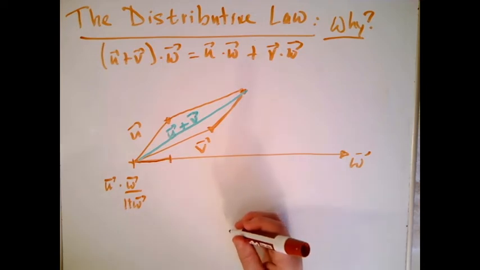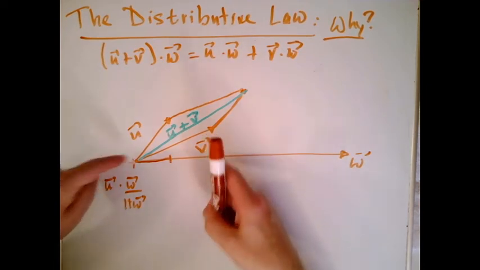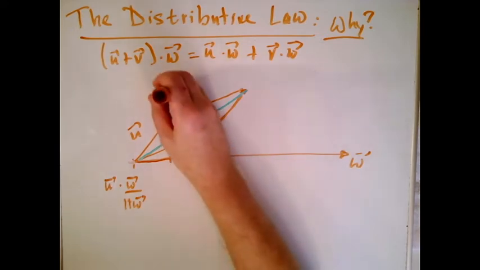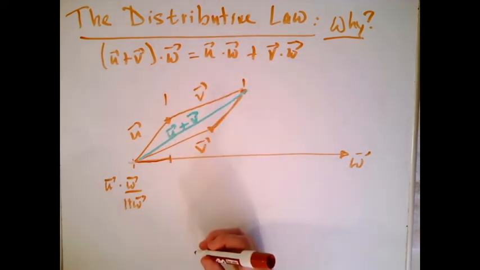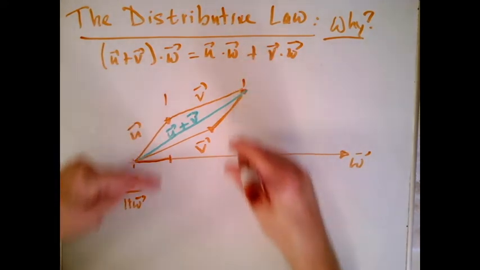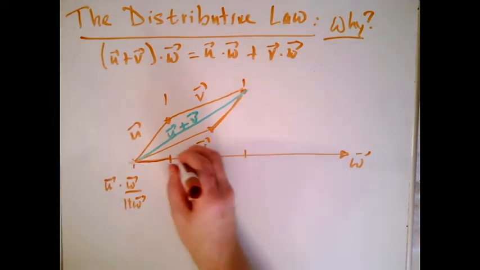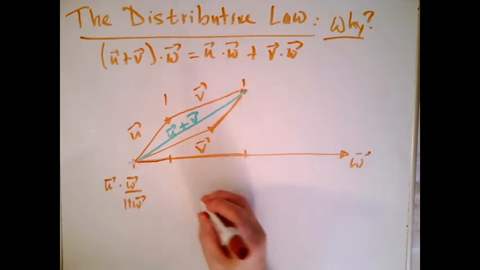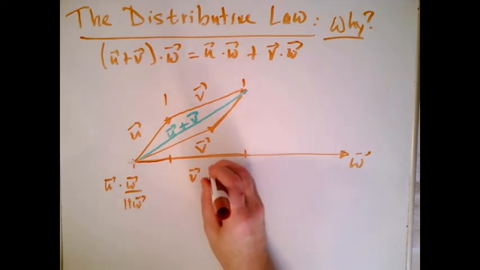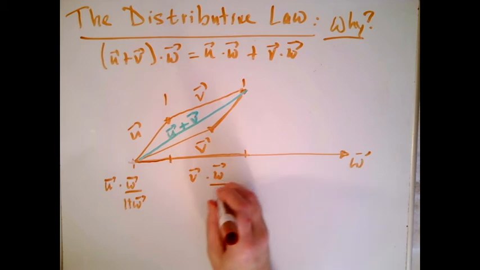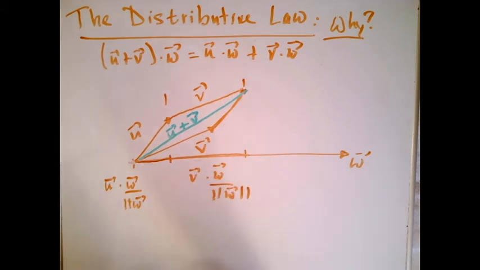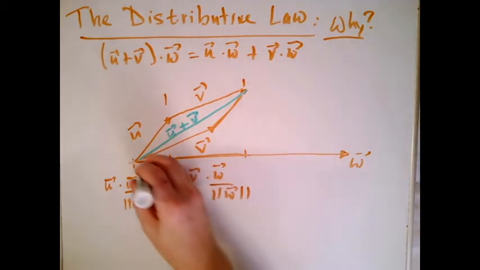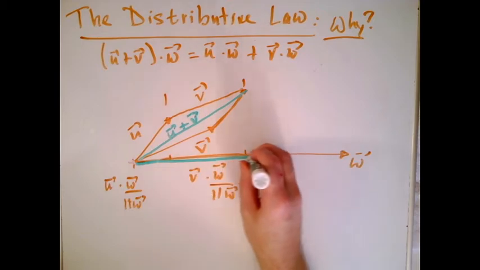Now, what is the length of the shadow of V? If I use V here, that's going to overlap, and I don't want that. But from here to here is also the vector V. So I'm going to take the shadow of this vector down onto W, and I get this length right in here. That's going to be V dot W over the length of W. And now what I want is the length of the green vector U plus V onto W. Well, that's going to be this whole length right here.